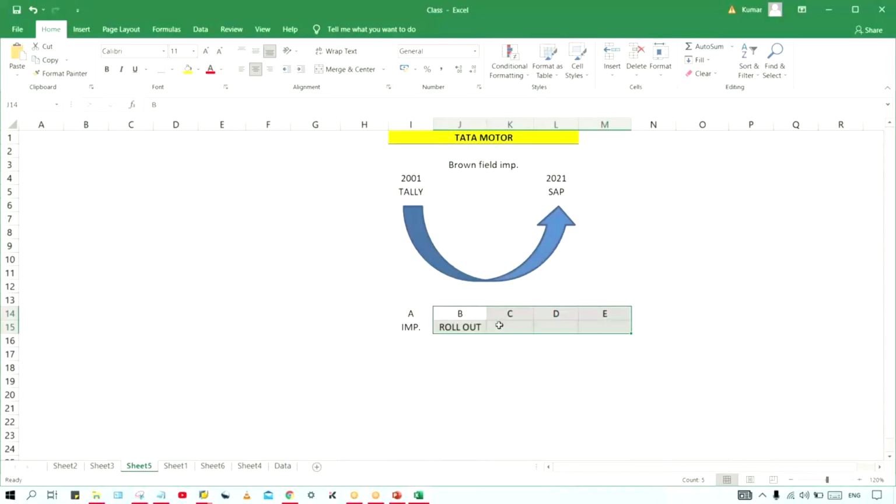There is a difference, guys, between an implementation and a rollout project.